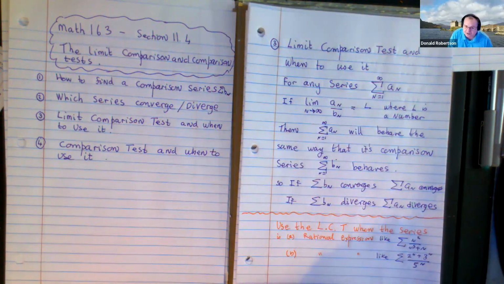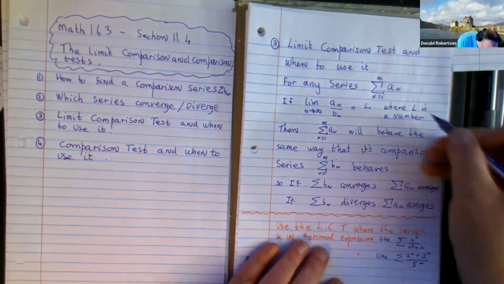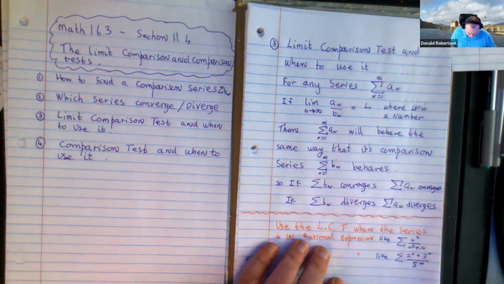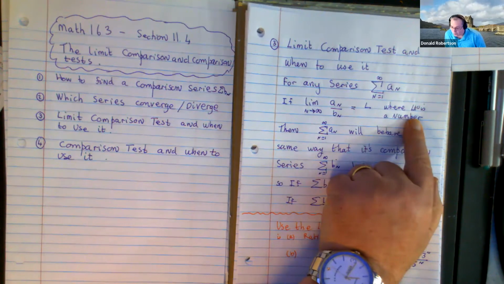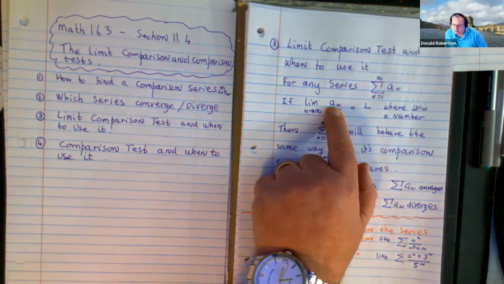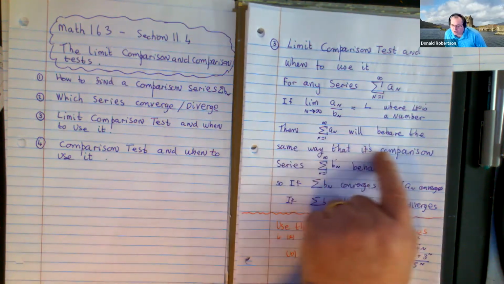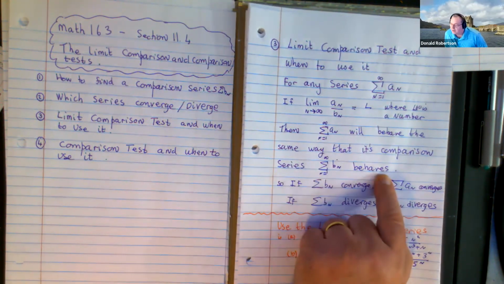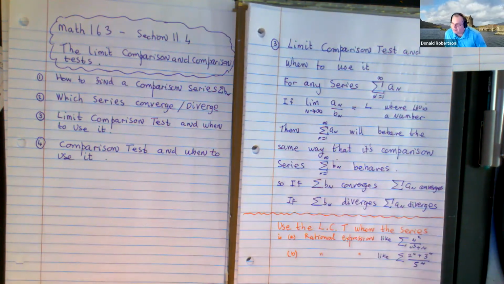It's not allowed to be infinity. That also doesn't count as a number. So maybe I could say not 0 then, right? If it's a number like 42.5, doesn't matter, right? -8, doesn't matter. As long as it's a number, then the top guy, sigma an, will behave exactly the same way as its comparison series behaves, right? So we've already mentioned that, right? This guy behaves like that, it's going to converge. This guy behaves like this fella is going to diverge.